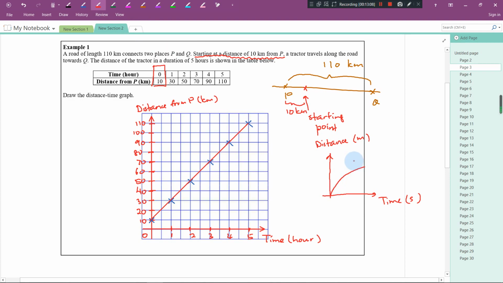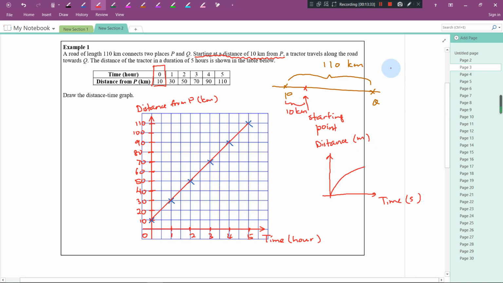So from here we know that the object is not moving at a uniform speed. From here it's faster, and here it becomes slower. The speed changes. Okay, this one I think you learned before in Form 2, right? Then you should be okay, right? Uniform speed means constant speed. The speed of that object is always the same.